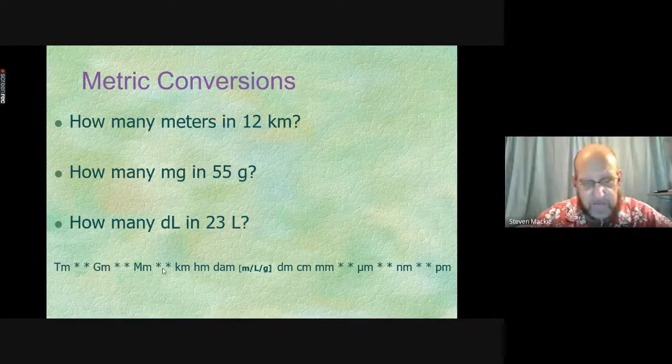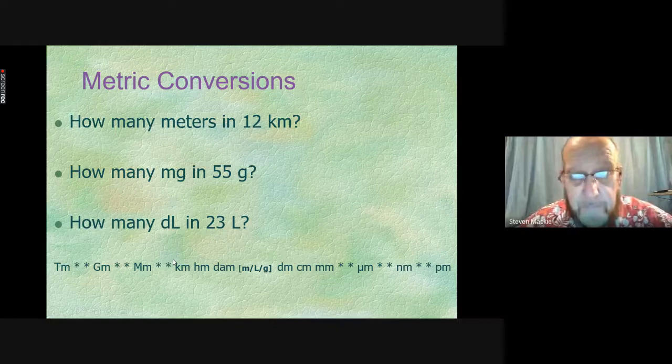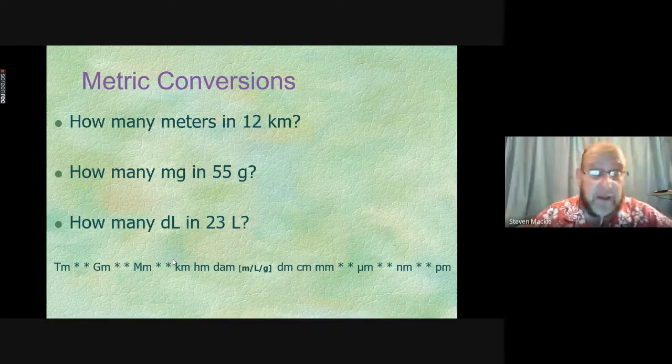Plus these asterisks, of course, are part of the scale that you have to be able to consult. In my classroom, I have this scale above the door, above the board.